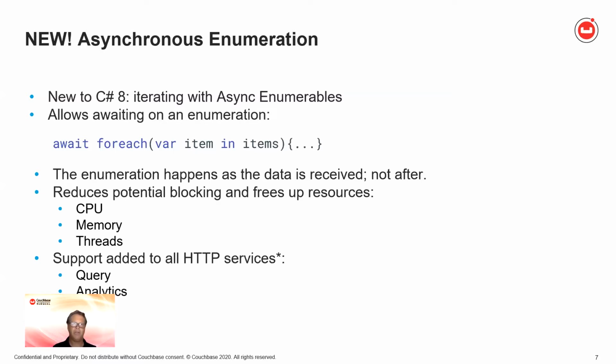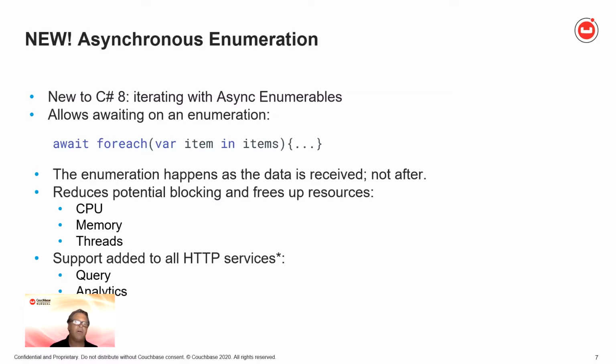So what that means is, instead of loading the entire collection, or in this case, a N1QL response, into memory, it asynchronously handles each row line by line. This has the effect of reducing CPU, reducing memory usage, and freeing up threads, allowing them to do other things.